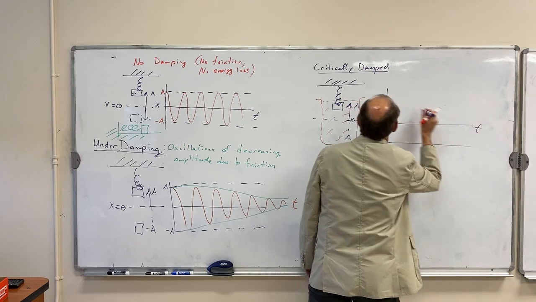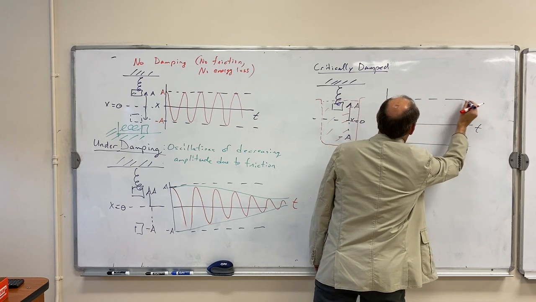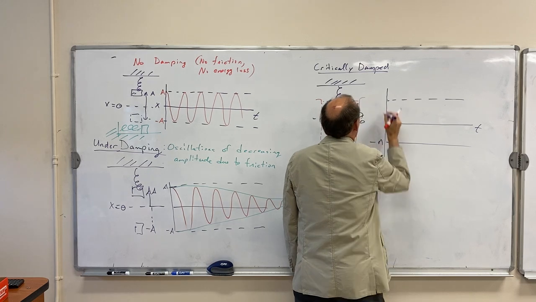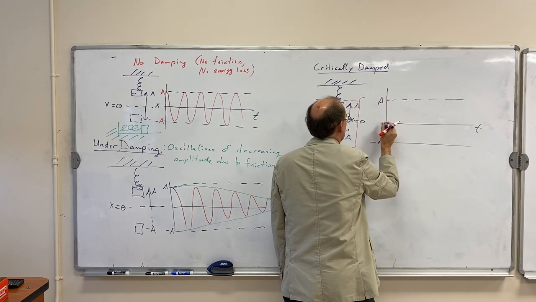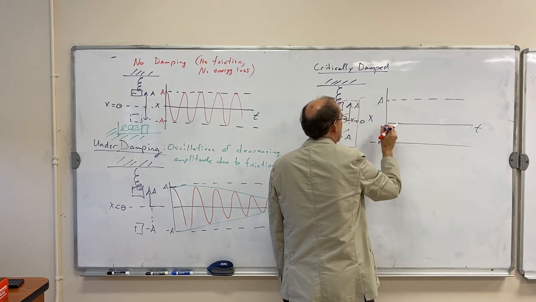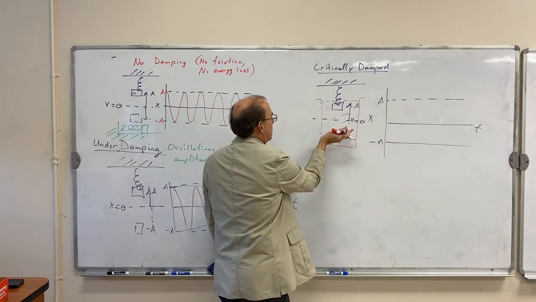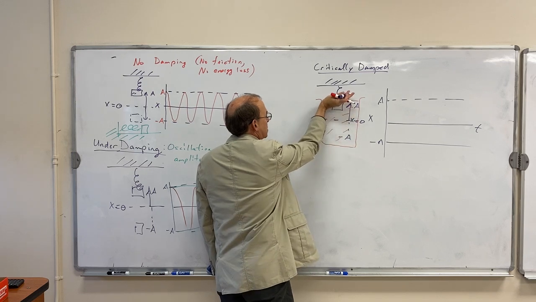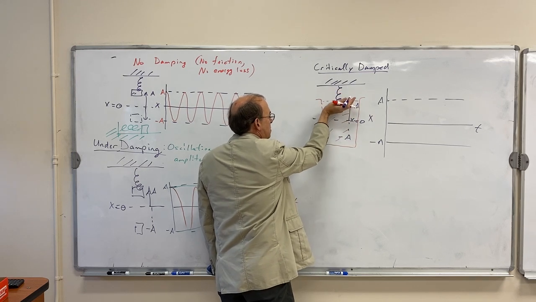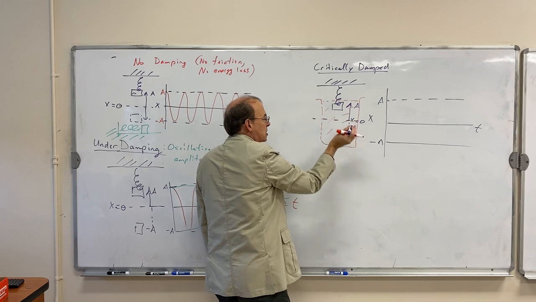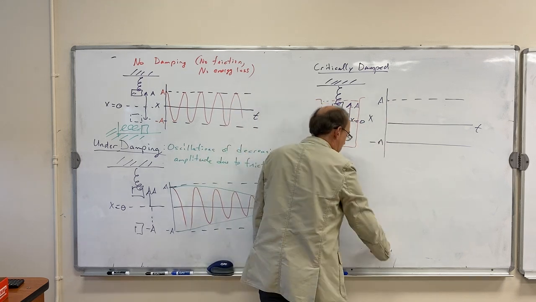So here's time. Here's the amplitude. So this is A, minus A. This is the x-axis again. You can choose the friction so that you push this up and release it, and it just comes right back down again and doesn't oscillate. And so this graph would look like this.